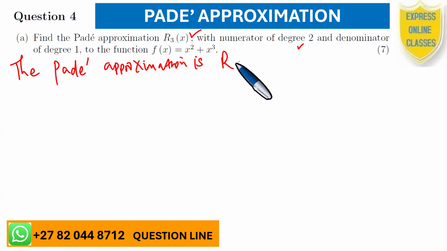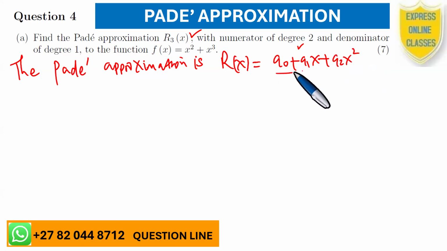So the numerator of degree 2 is going to be the following, for example. It's going to be a naught plus a1x plus a2x squared.